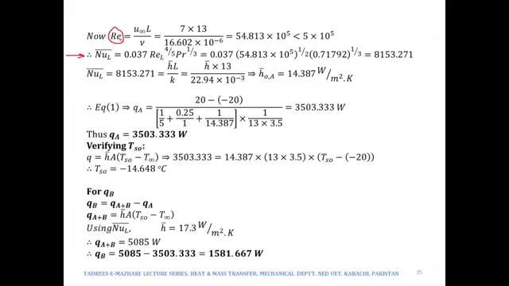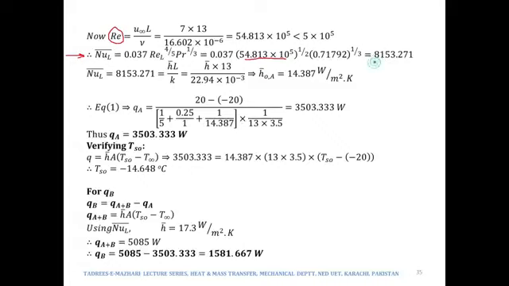We will only be putting this value of the Reynolds number in here, and we get the value of the average Nusselt number over the entire surface. Entire surface means the entire surface having the length of 13 meters. Means we are talking about room A right now. We are not talking about room A and B combined. Rather, we are talking about room A right now because we have to find out QA.